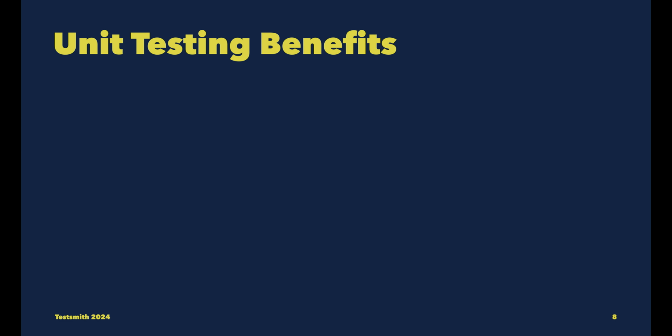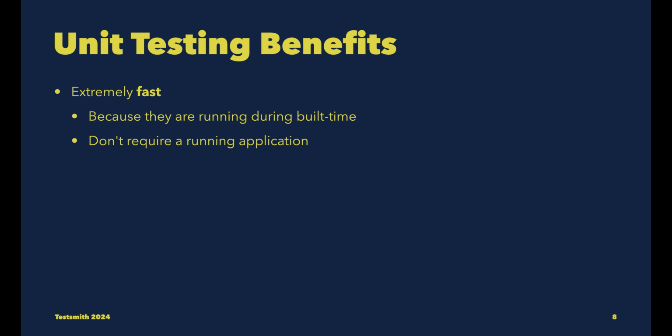The benefits of these tests are: they run extremely fast, because they are running during build time. They isolate failures. Tests cover the smallest parts of an application, so if a unit test fails, you immediately know where to look. The exact line and character number is shown.